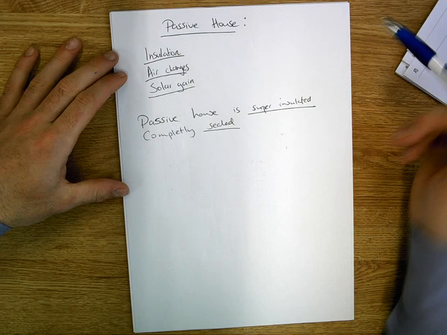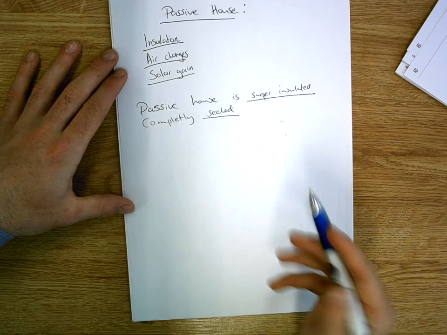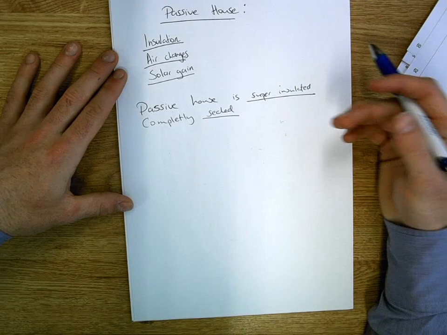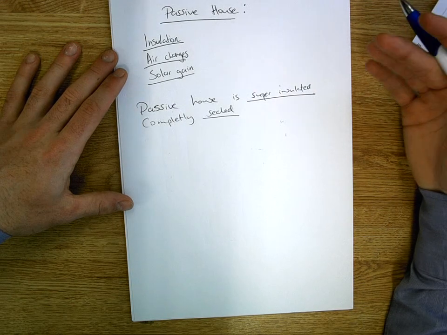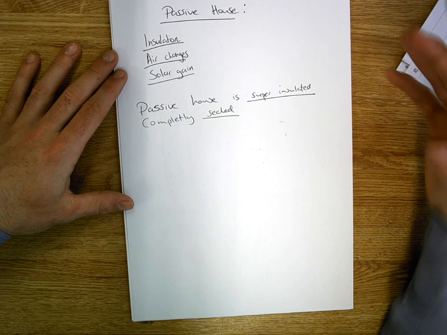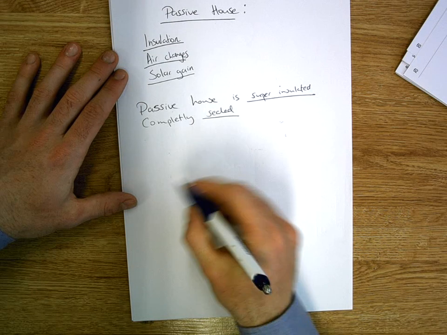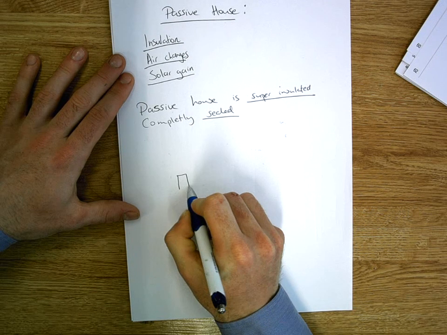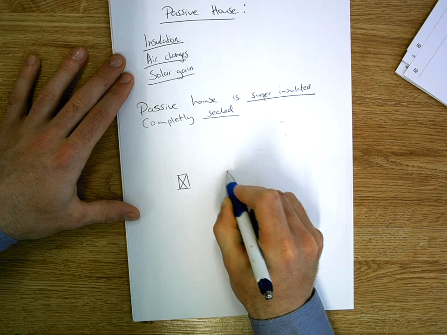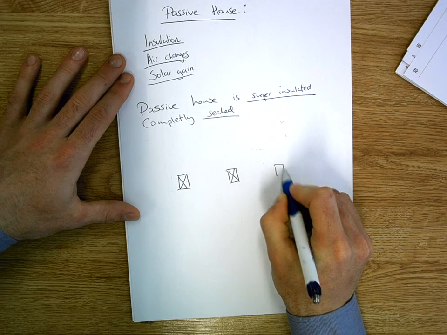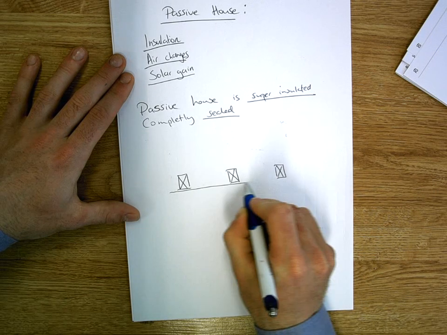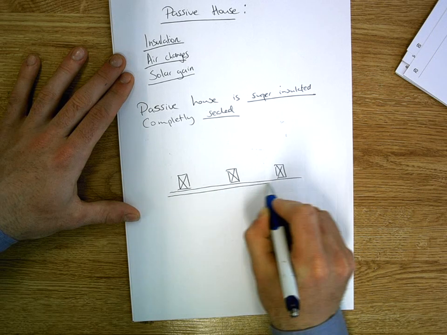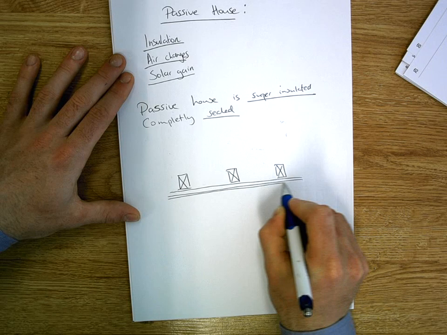But to talk about the insulation first of all, what you're basically going to do is take your standard insulation and double it or triple it in almost every situation. So for example, if you had a studded wall and you're looking down the plan view of it, your studs would be set a distance apart. You'd have your plasterboard or your cosy board on the inside of that, so that's the inside of the house.